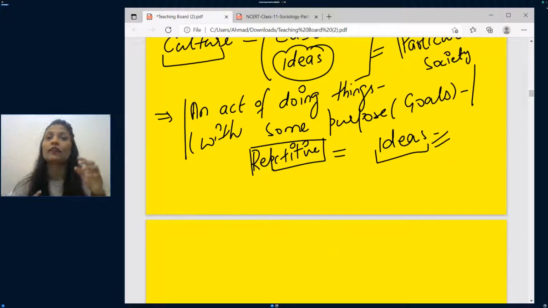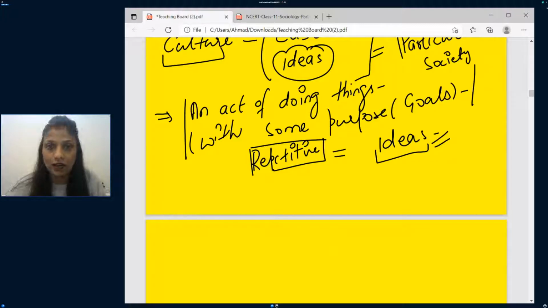If I'm living in the north, I will be wearing certain clothes because that's a need, to protect myself from winters. I will be wearing woolen clothes, but how I wear them will differ from culture to culture.